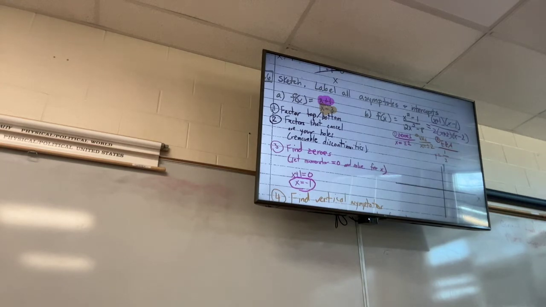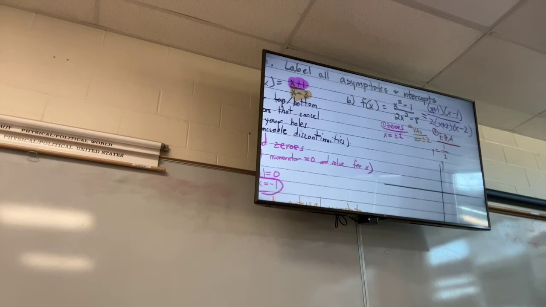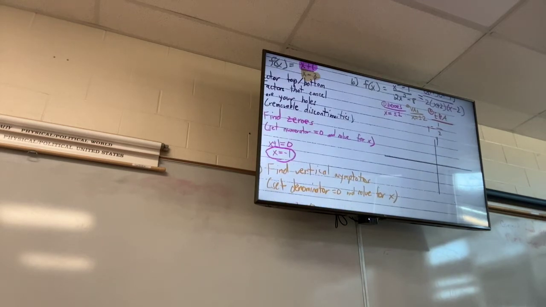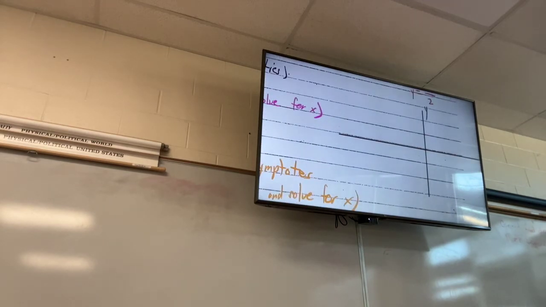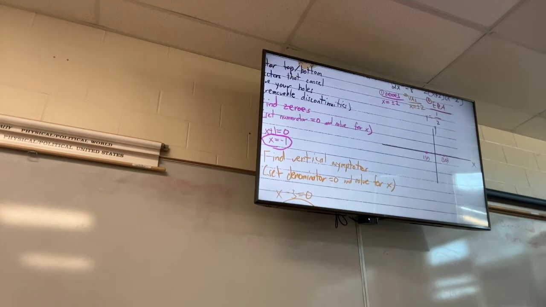How do we find the EVA? We divide because the degrees are the same on top and bottom. All right, so zeros. Plot those zeros out. -1, +1. Let's plot my vertical asymptotes.